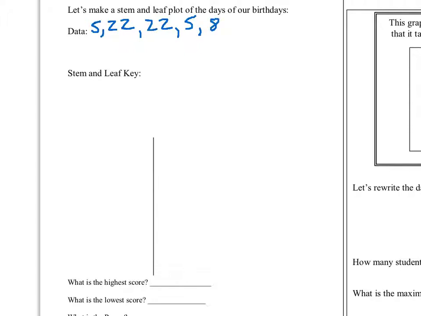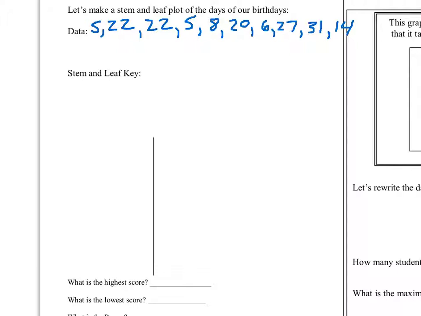Kayla. March 20th. 20th. Haseen. 6. Jordan. 27. Trina. Excellent. Thank you. Mauricio. And 14th. And let's stop there because I'm out of space.